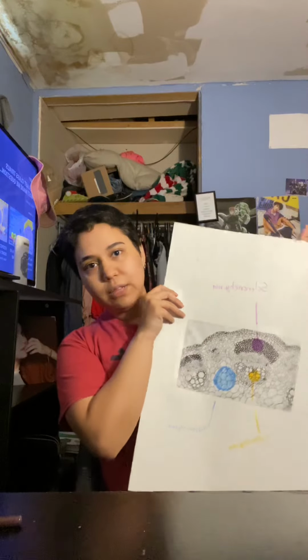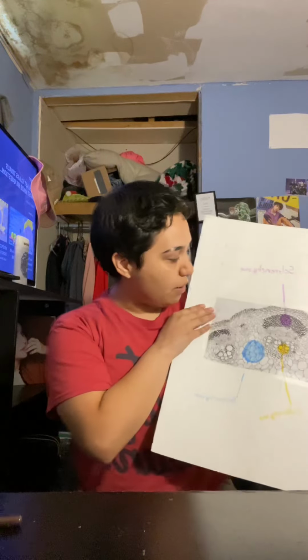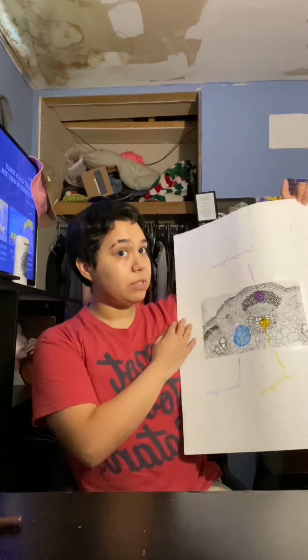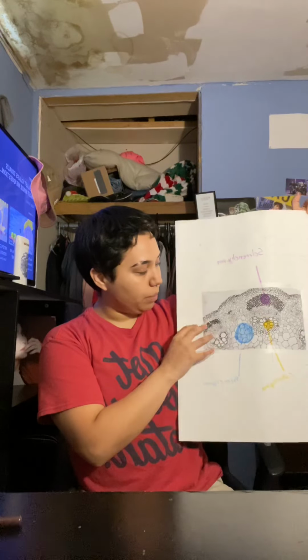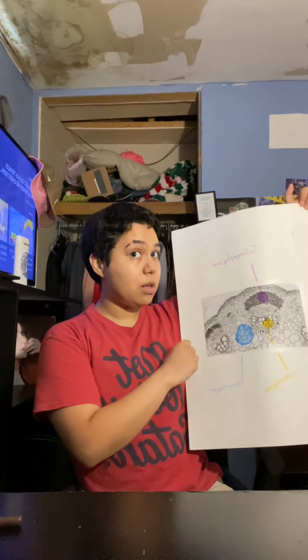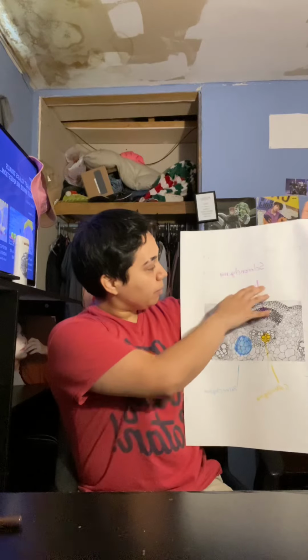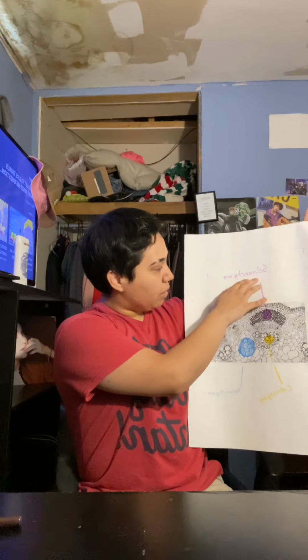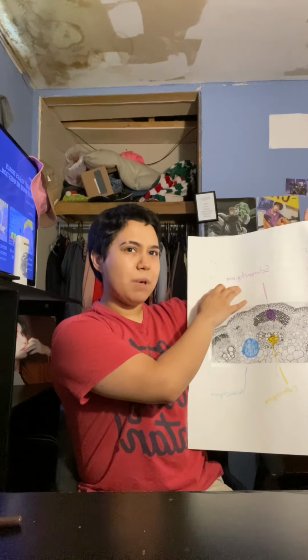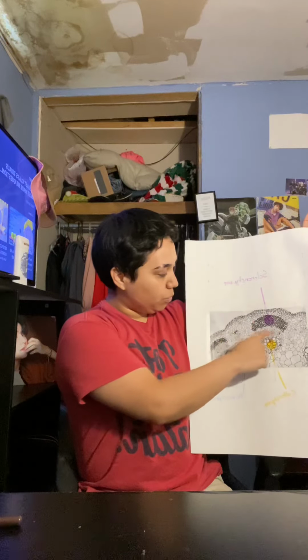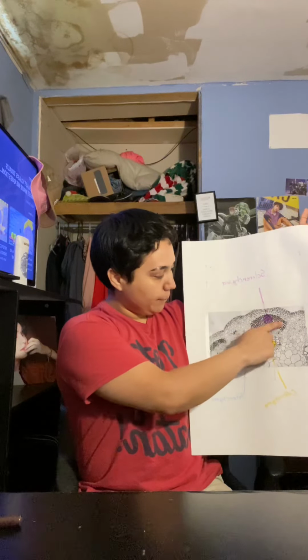So then we have this picture of the different types of cells that would be in a plant. We have the sclerenchyma. These would be those right here.